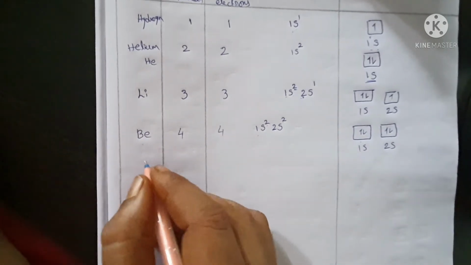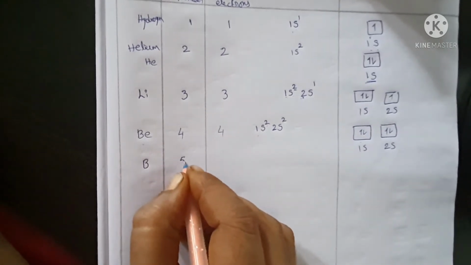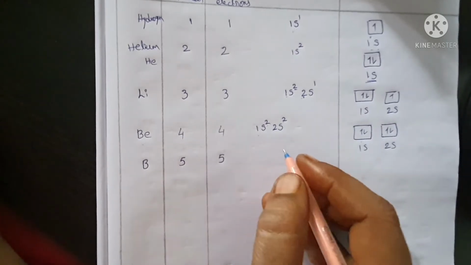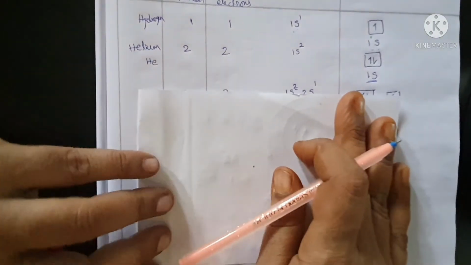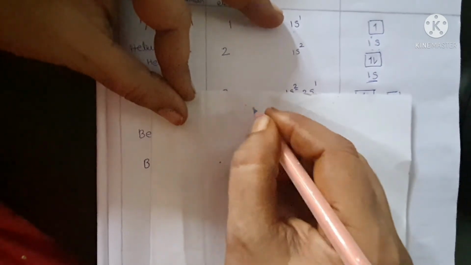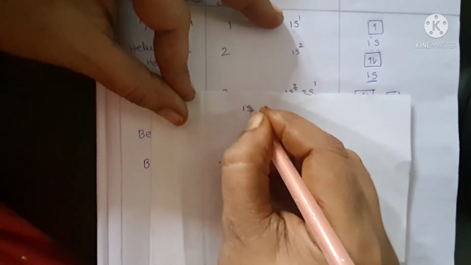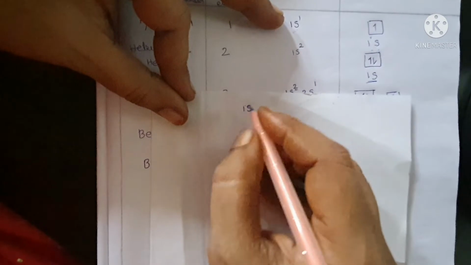The next atomic number is boron, 5. Electrons are 5. How do we know the energy levels easily? We can make a simple diagram. Remember this one; if you know this, we can easily write down for any atomic number.